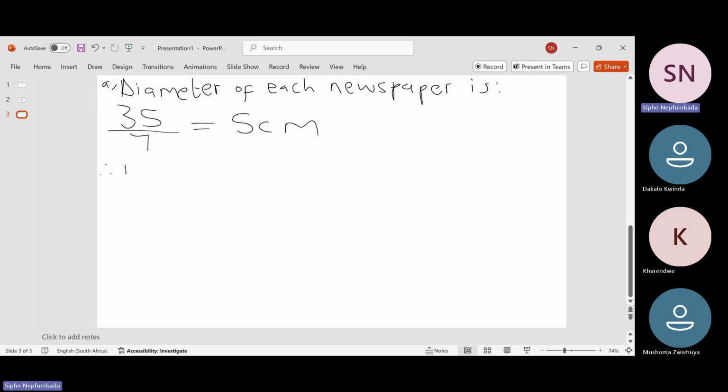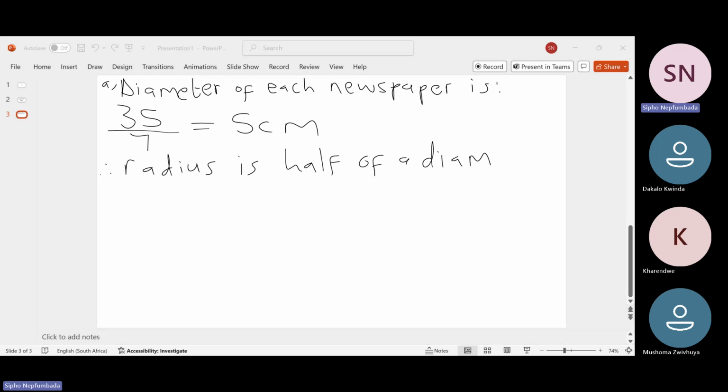Therefore, the radius is half of the diameter. Is that so? Radius is half of the diameter.